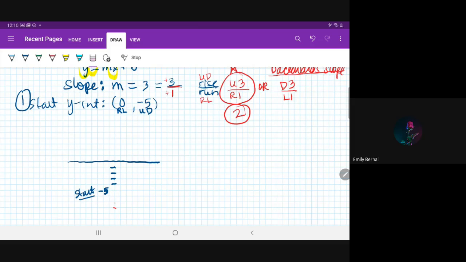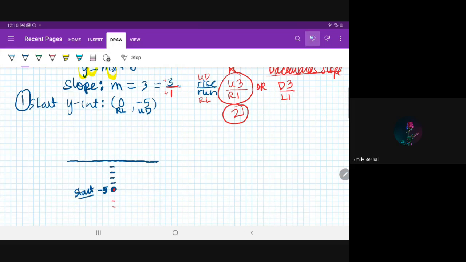Hold on. Let's try that again. Trying to erase my evidence. Okay, so let's follow directions. It says up 3 squares. So up 3 squares, I'm going to go 1, 2, 3 squares up.